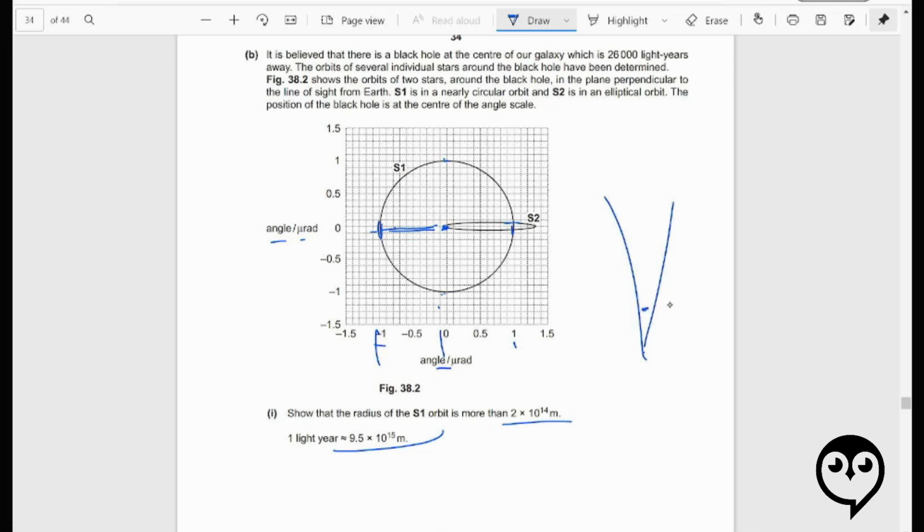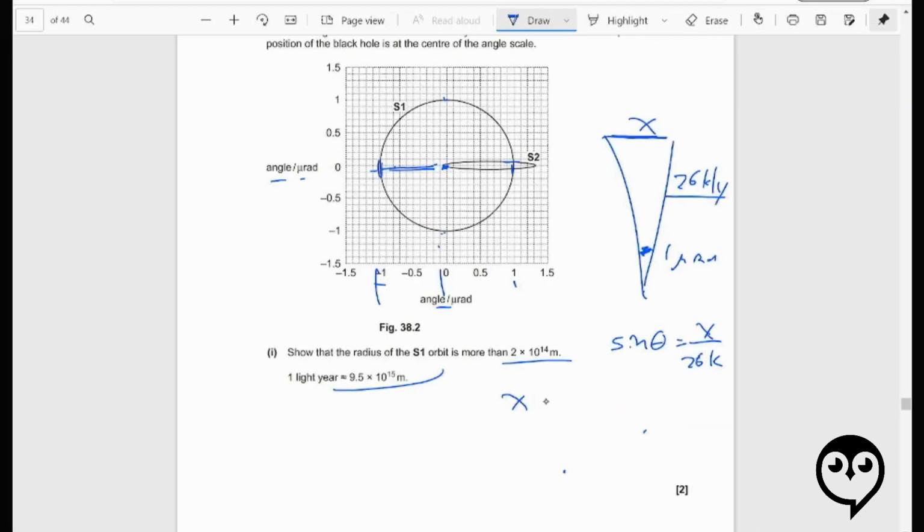This angle here looks to be 1 microrad. We are told it's 26,000 light years away, 26 kilolight years. And so what is this distance here, yeah? So x over 26k.